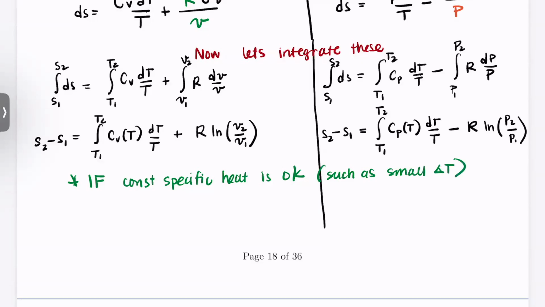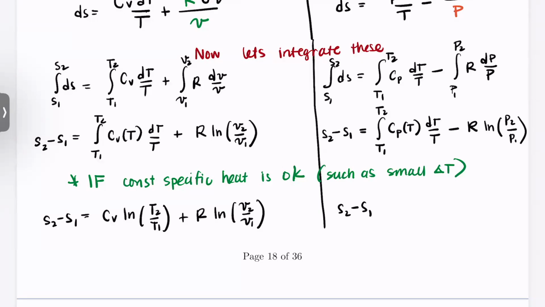If that is the case, then we can pull out Cv and Cp from our integrals and we can do that integration. So we have S2 minus S1 is equal to Cv times the natural log of T2 divided by T1 plus R natural log of V2 over V1, and then the same idea over here.